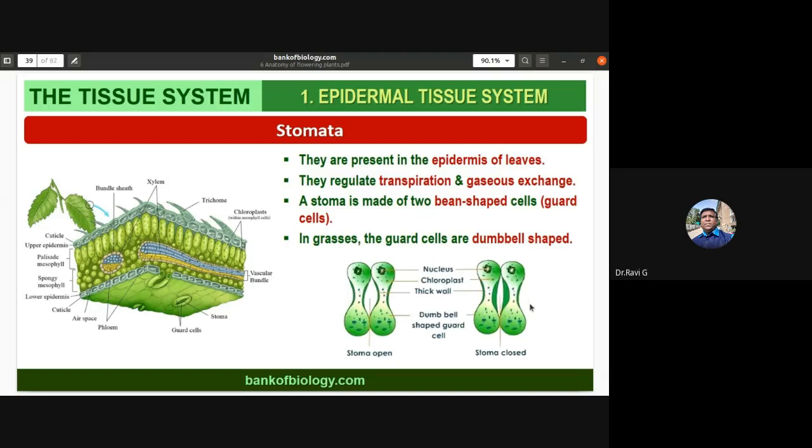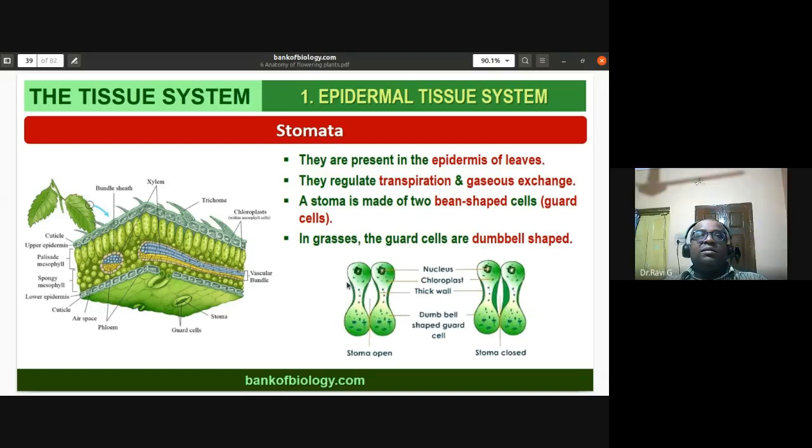About the opening and closure of stoma, you can notice that in the majority of plants, during the daytime the stoma is open, and during nighttime the stoma is closed. There are certain plants like crassulacean acid metabolic plants, which I call call center employees, because they have their stoma open during nighttime and closed during daytime.